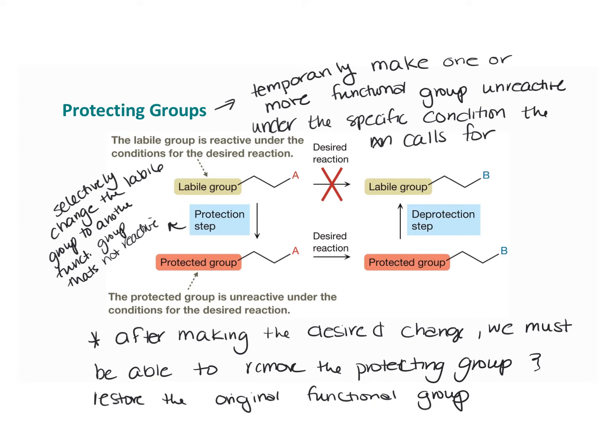And so what that means is, and the term we use is, the label group is protected when it's in that unreactive form. And then after that desired reaction is carried out, where we take A and we change it into B, then the original label group is restored in a deprotection step.